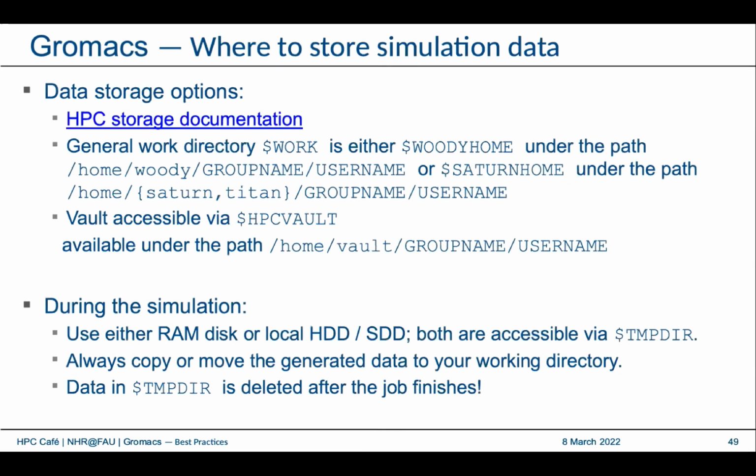We often come across problems with where to store the simulation data. Here is also the link to our documentation in case you need more information. But in general, use the work directory available under $WORK, and it points either to home Woody and then the group name and username, or home Saturn or Titan and then the group name and the username.